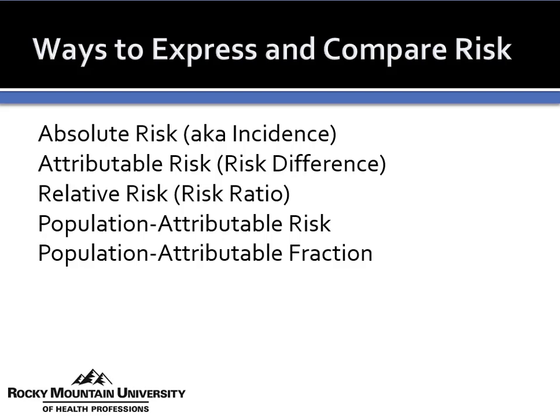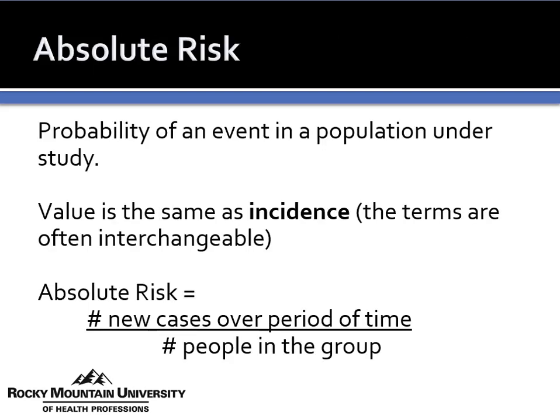So let's finish things off here talking about ways to express and compare risk. First up is absolute risk. This is the probability of an event in a population under study. So this is essentially incidence, and we've talked about incidence already, and that being the number of new cases over a period of time divided by the number of people in that group.